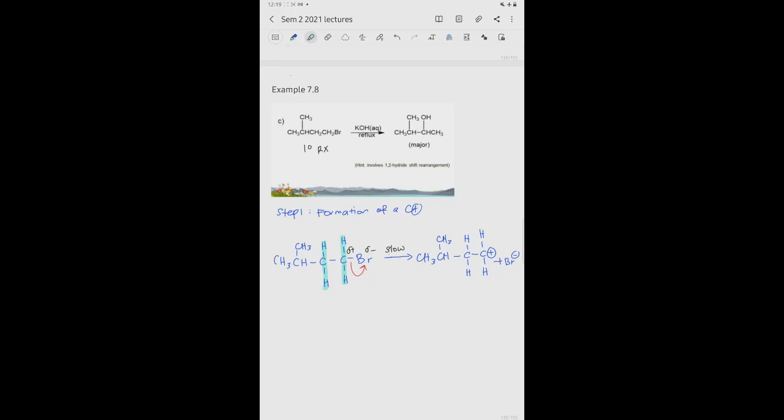So now let's go to step 2. Before that, this is actually the primary carbocation formed from the first step of this reaction.